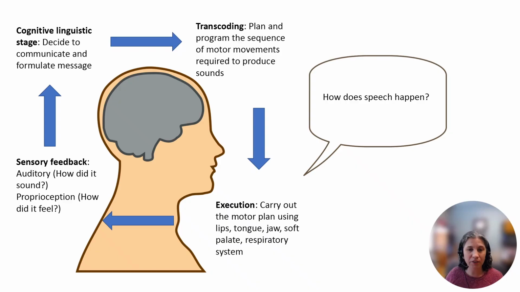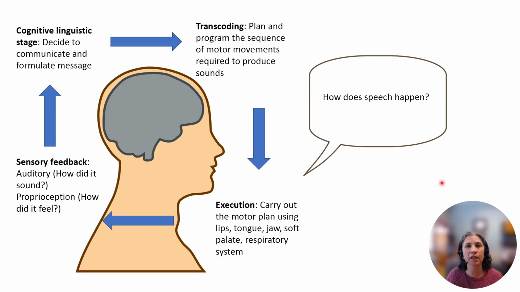First is the cognitive linguistic stage, so right here, where you decide to communicate and formulate the message in your head. Next is transcoding, when you need to plan and program the sequence of motor movements needed to produce sequences of sounds. After this is the execution of the motor plan.